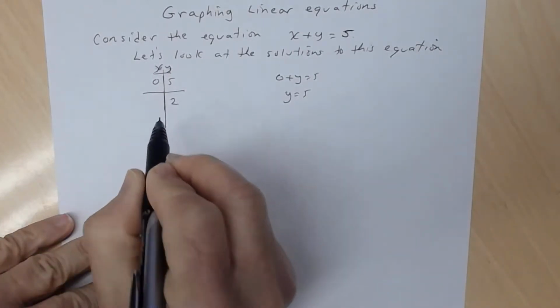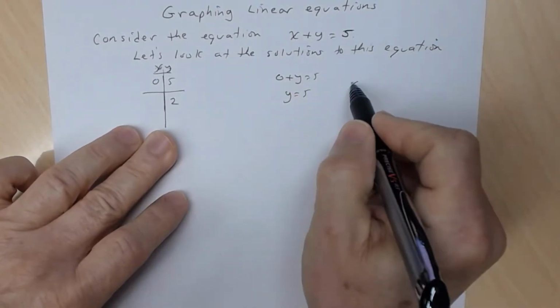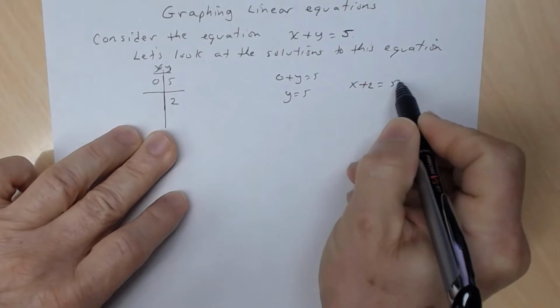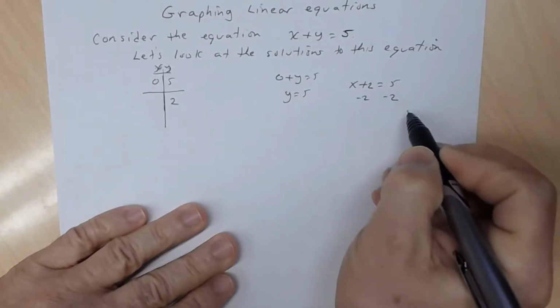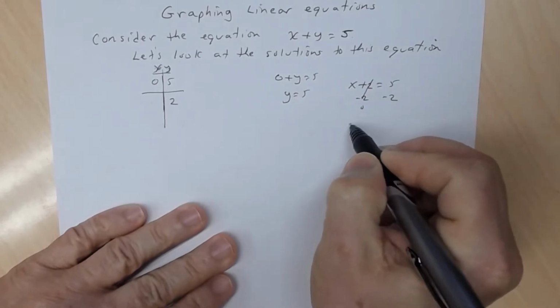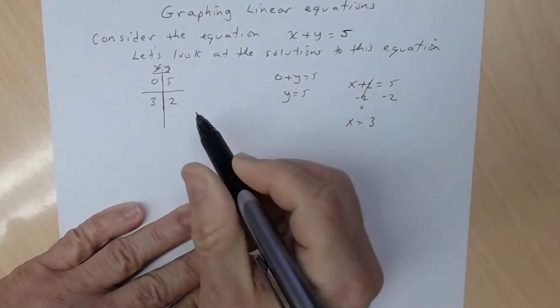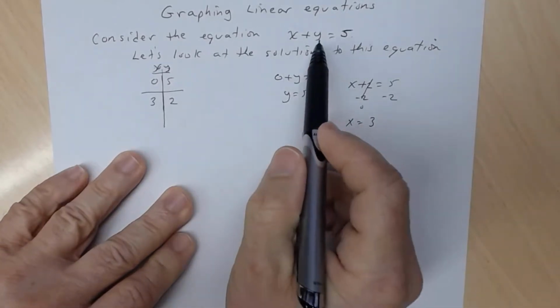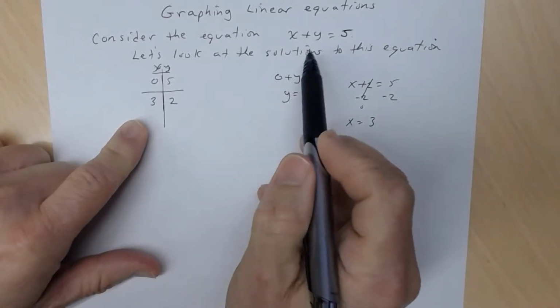So if y is 2, I get x plus 2 equals 5. To get x by itself, I'm going to subtract 2 from both sides, and then combine like terms, and I get x equals 3. That's the value of x. Again, it makes sense because x is 3, y is 2, and 3 plus 2 is 5.